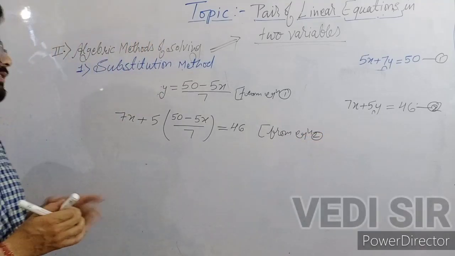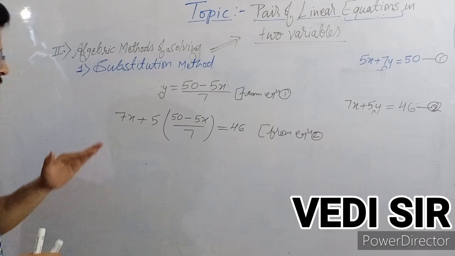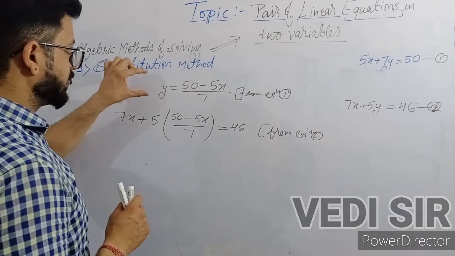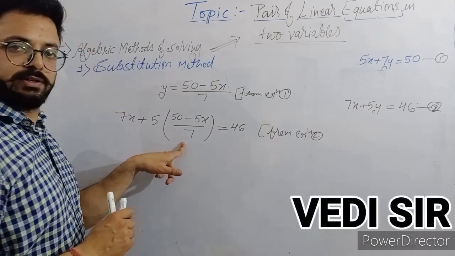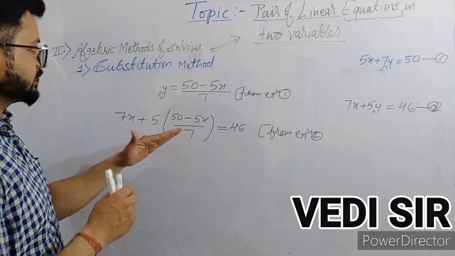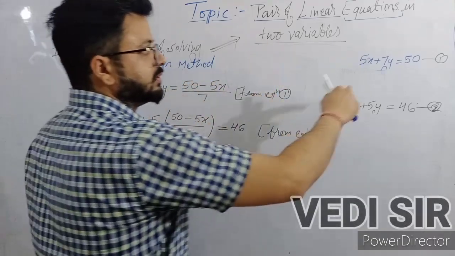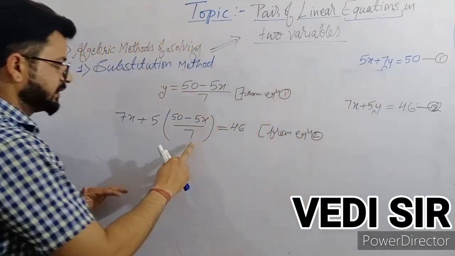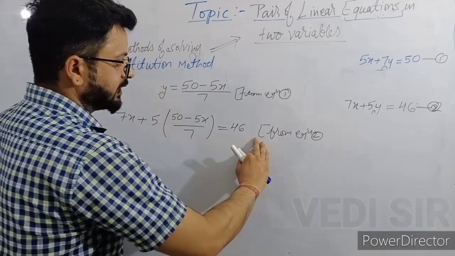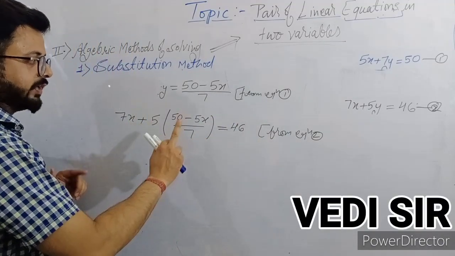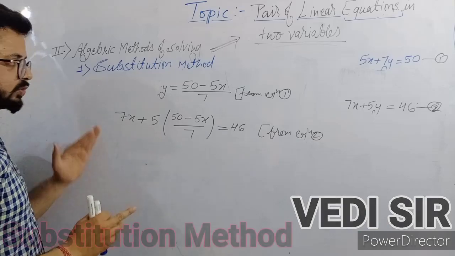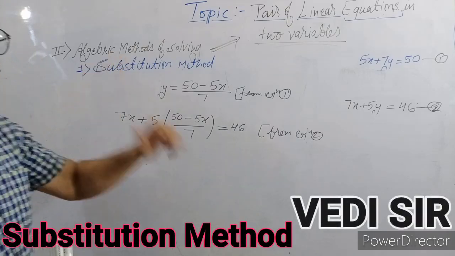Now we will solve this equation. One thing you see: we substituted the value of y in this, and now y is not there, so only one variable is there, that is x. So that's why we are calling this the substitution method.